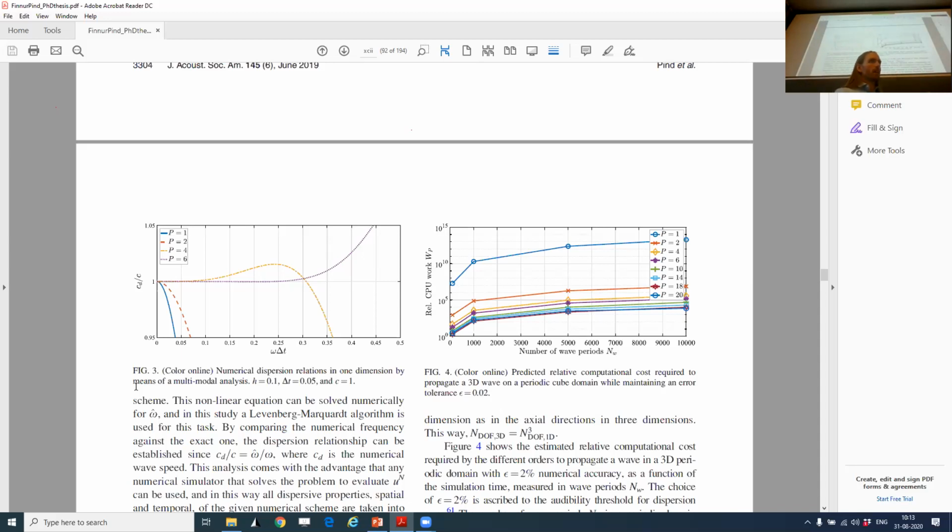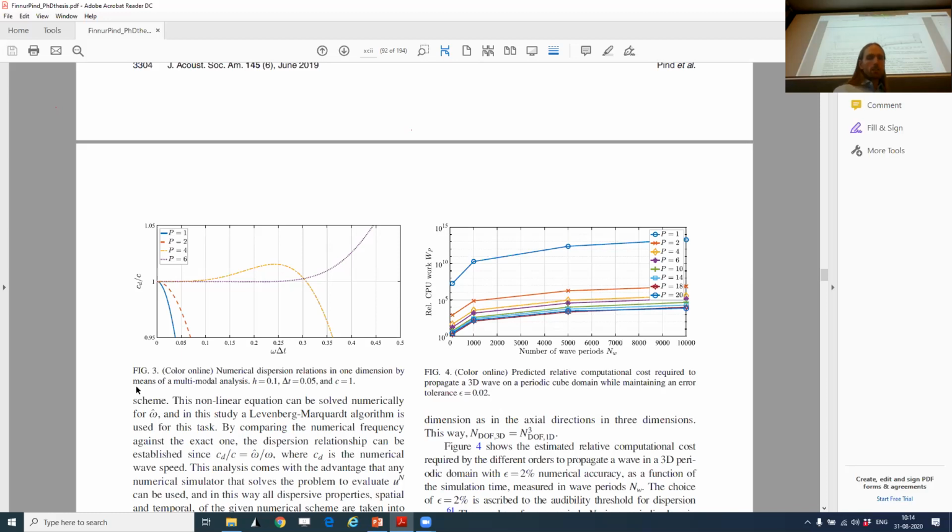So then you will get direction-dependent dispersion behaviors. And I believe, for example, in finite difference methods where you have a very regular grid, you can analyze this quite precisely. But when you're working with unstructured grids, it becomes a bit difficult to do this three-dimensional analysis.